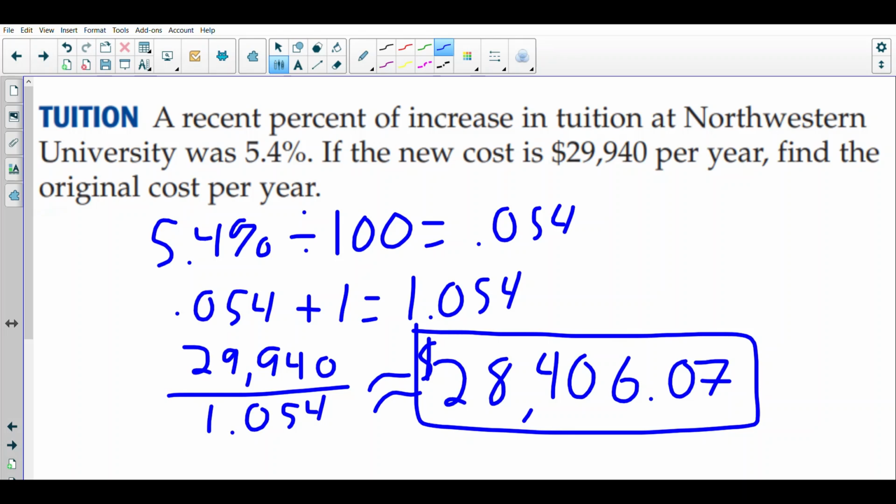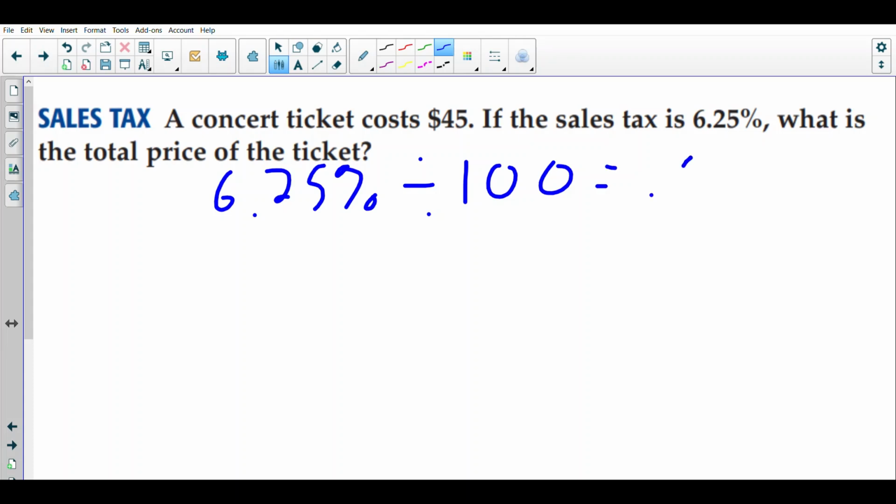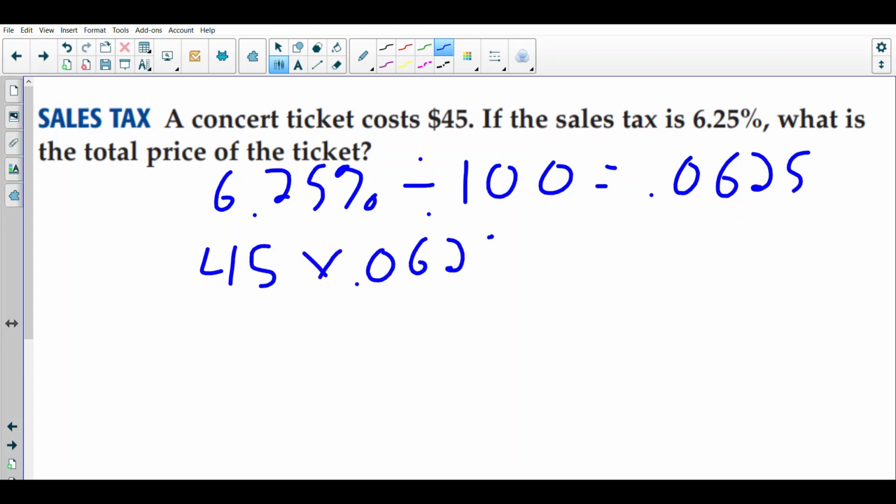I'm just following my directions. A concert ticket costs $45. If the sales tax is 6.5%, what is the total price of the ticket? They gave us the percent increase and the original cost. So 6.5% divided by 100 gives us 0.065. Take that number times the original, 45.